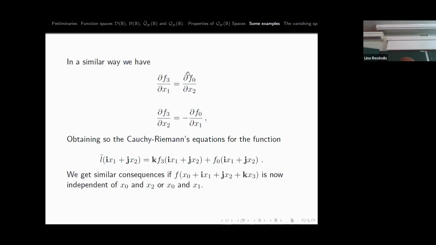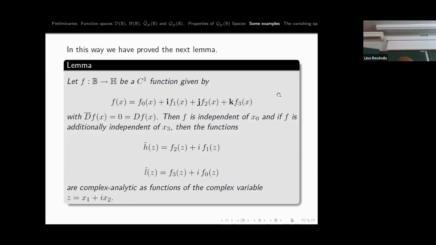In a similar way, we can get other Cauchy-Riemann equations for this function tilde, and we get a similar consequence if it is independent of x0, x2, or x0 and x1. Then we can get some examples of this form.